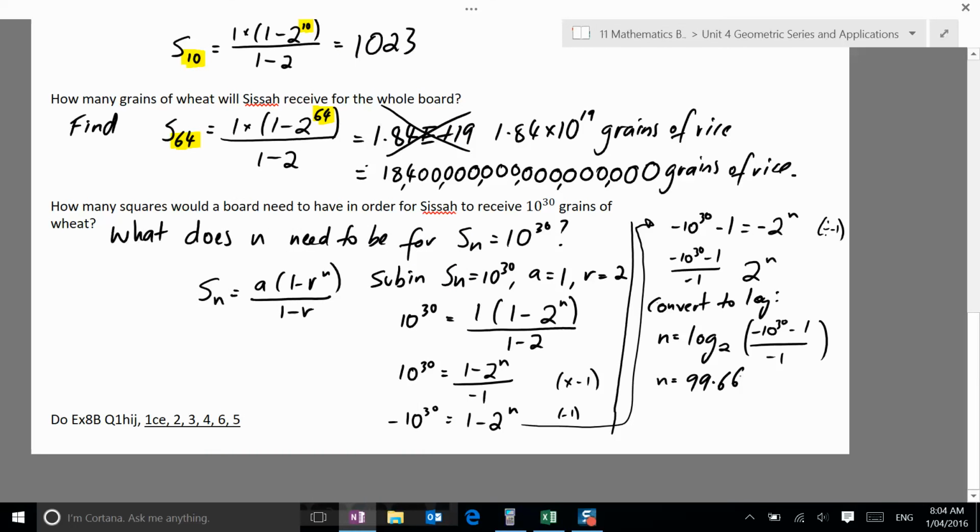Since he can't make a fraction of the board, and since the sequence is increasing all the time, he would need 100 squares.